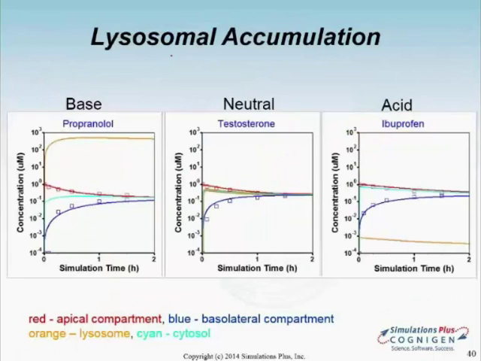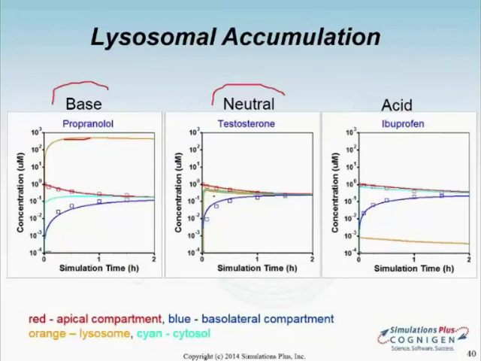So where you could be using this in more of a predictive manner, I showed here examples of 3 compounds, which I tried to pick as clear-cut cases. When you compare the propranolol, very high accumulation. The concentration in the lysosomes exceeds the concentration in the cytosol about 3 orders of magnitude. Moving to a neutral compound, it is not going to care about the differences in pHs between the cytosol and lysosome.